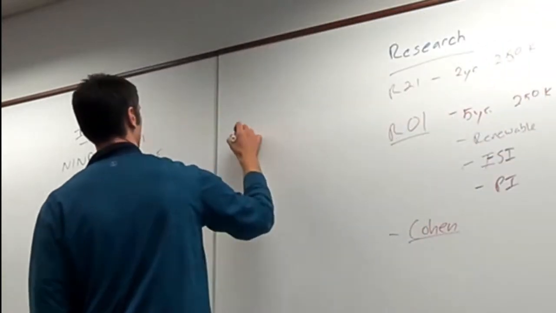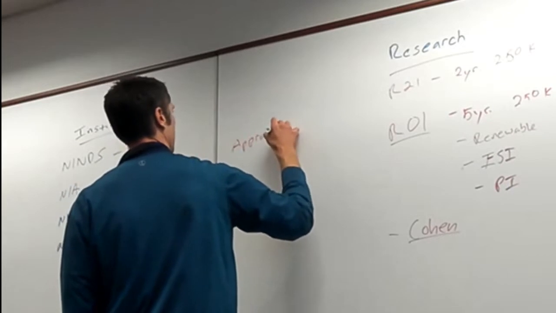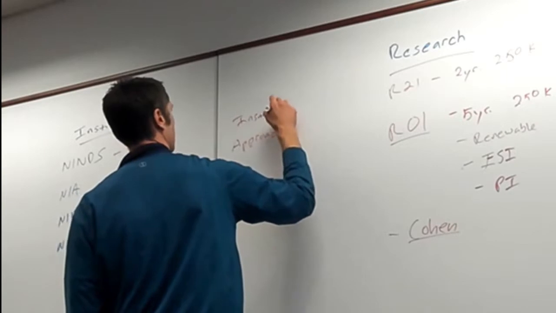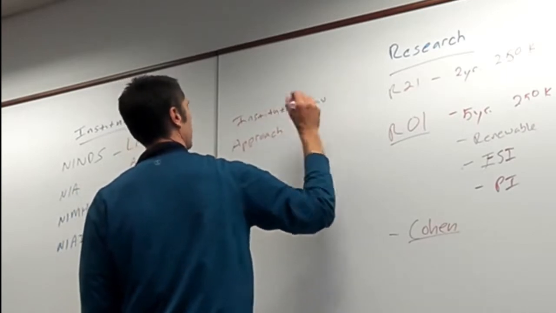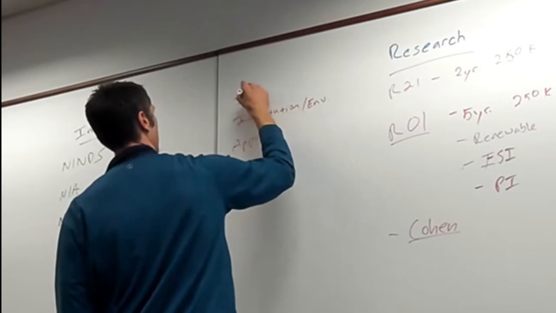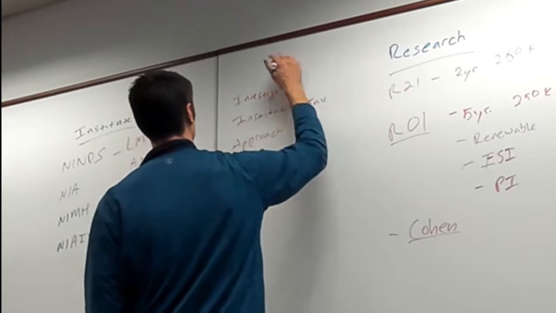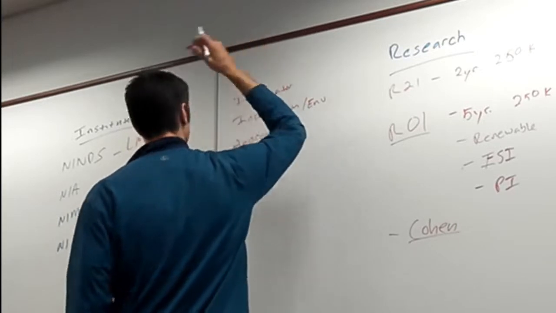Technically, there are 5 criteria. There's the approach, which is the science. There's the institution, or environment is actually the word. There is the investigator, the individual. And for translational grants, it'll include one called mentorship team or whatever.